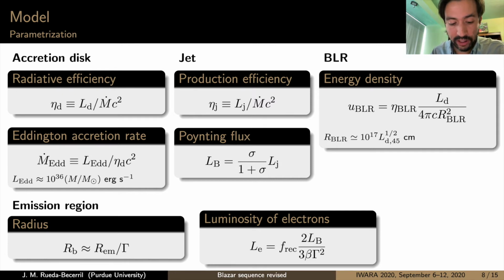We are going to set the emission region of the blazar at a certain distance from the core, and this will characterize the radius of the emission region. And in this region, the electrons that are going to be accelerated will have a luminosity in this form.